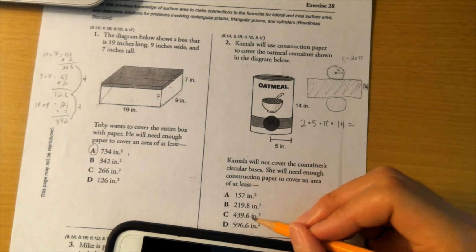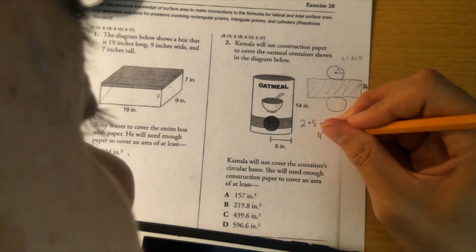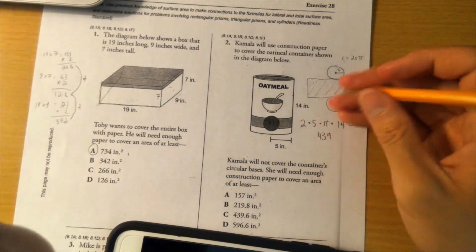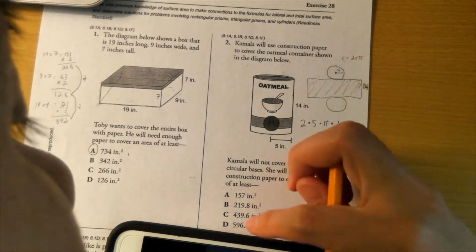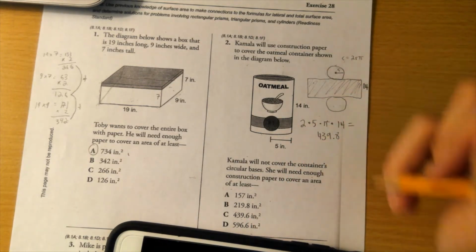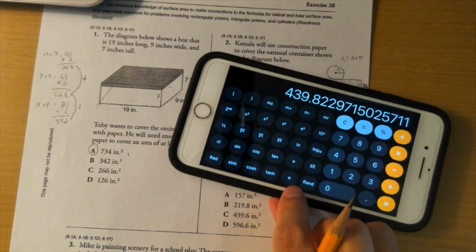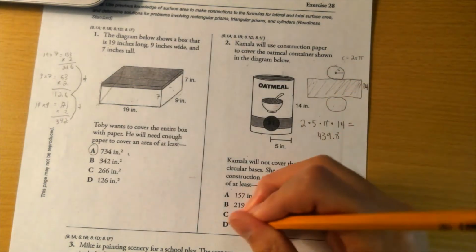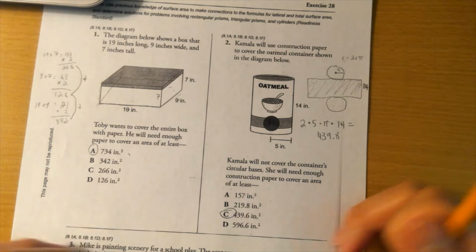I know they have 439.6, but that's close enough. If you want to know why it's ever so slightly off, it's because they used 3.14, which is almost pi, but it's not exactly pi. And I used exactly pi. So your answer is C. Number 3.